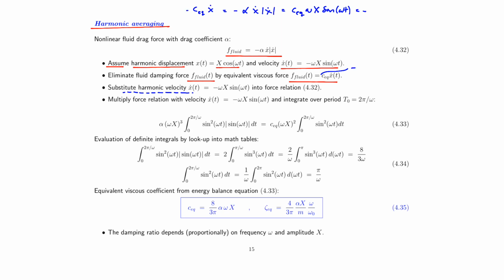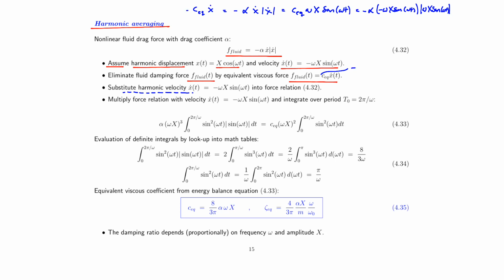and then we will have alpha, and then we'll have minus omega capital X sine omega t, and then we'll have the absolute value of omega capital X sine omega t. There's a minus in front inside the absolute sign.